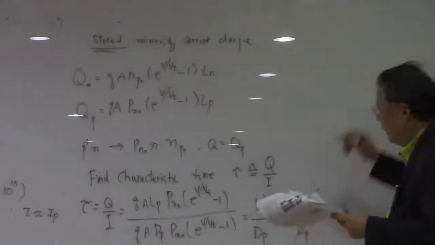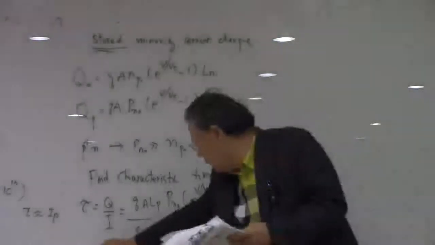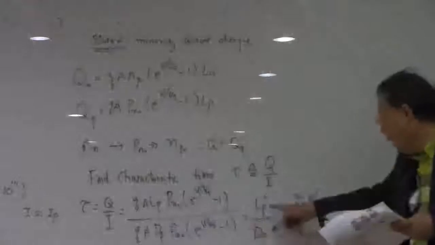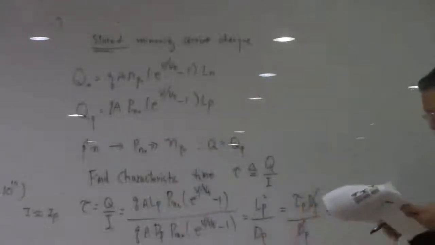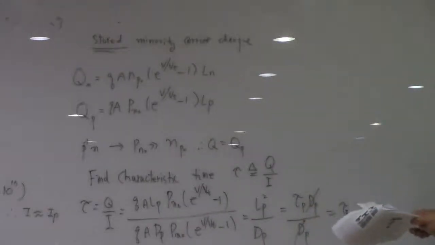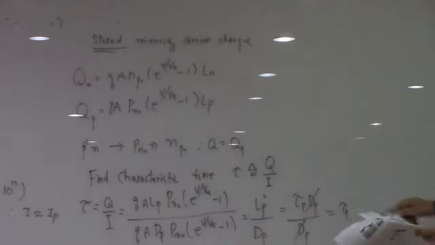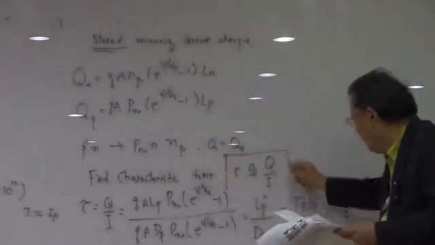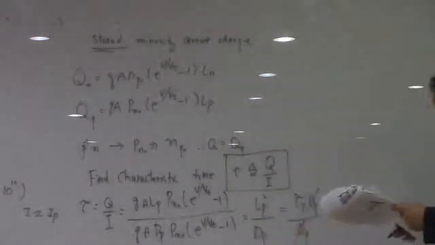Okay, so this is the value. LP square over dP is going to be the characteristic time, which can be defined by this.